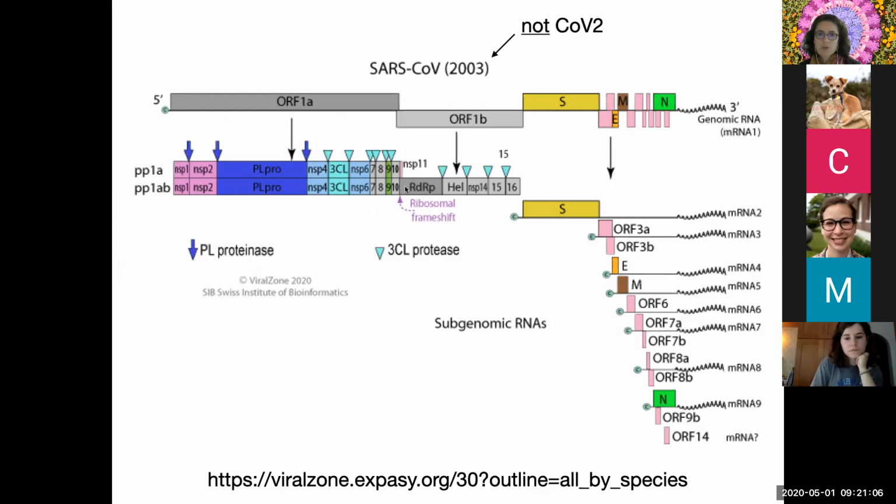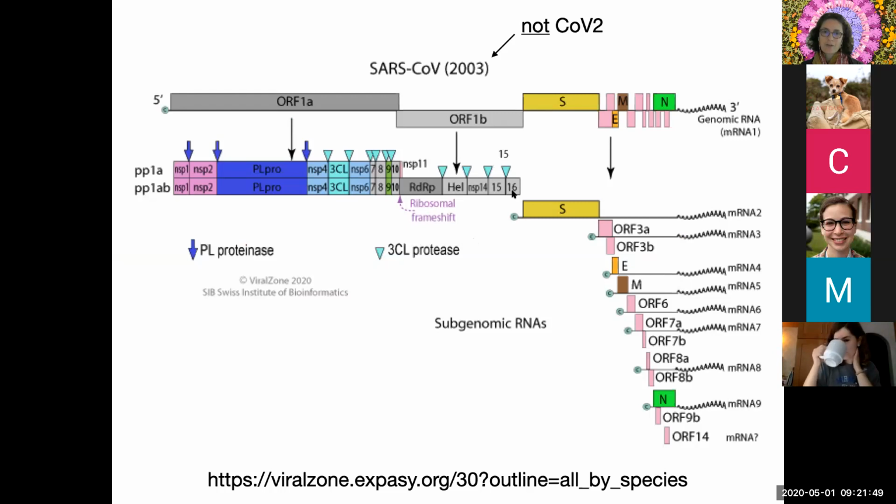And then there's a really cool slippery hexanucleotide, I'm trying to remember what it's called, where the ribosome actually pauses, and then with some non-trivial level of frequency will actually frame shift, allowing these other genes to be translated. Okay, does that make sense? I'm looking at the chat. Hopefully that makes sense.